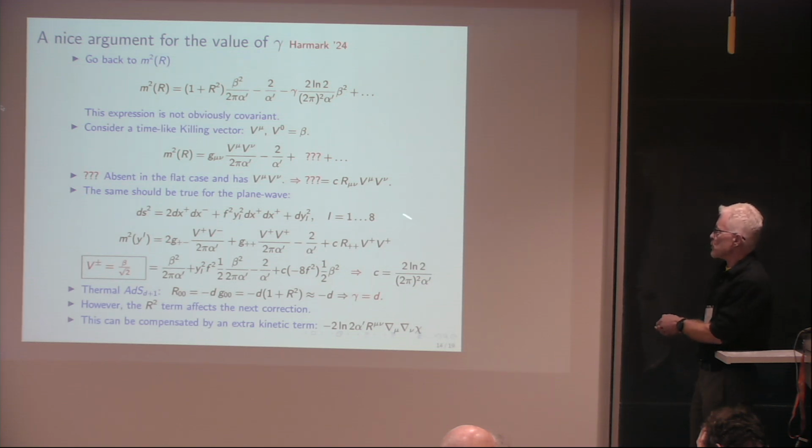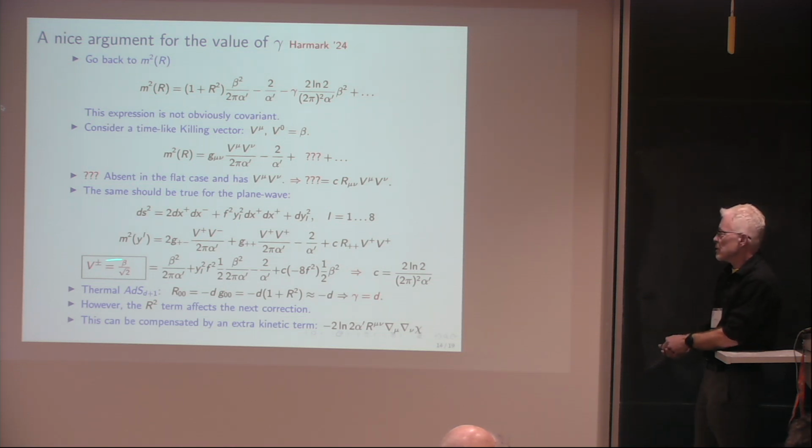So if we start with the plane wave, then we'd find that the mass squared would have this form right here, and the only terms that are going to contribute are a g plus plus from this term here, and the only term in the Ricci tensor that's going to contribute is an R plus plus term.